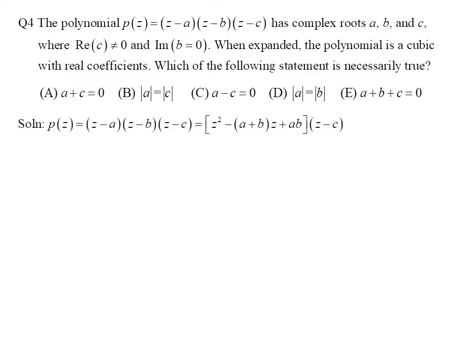Since the cubic polynomial function can be expanded to the form open square bracket z squared minus the sum of a plus b times z plus ab close square bracket times z minus c in parentheses, which equals z cubed minus the sum of a plus b plus c times z squared plus the sum of ab plus bc plus ca times z minus abc.